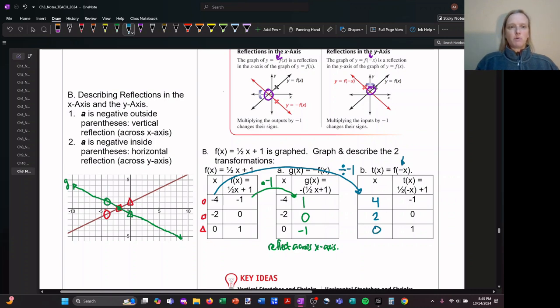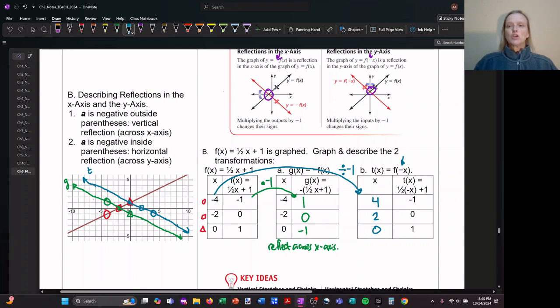So if I plot these points at 4, -1 for my circle, 2, 0 for my square, and 0, 1 for my triangle, my graph, just extending the lines a little bit here, looks like this for my t-graph.